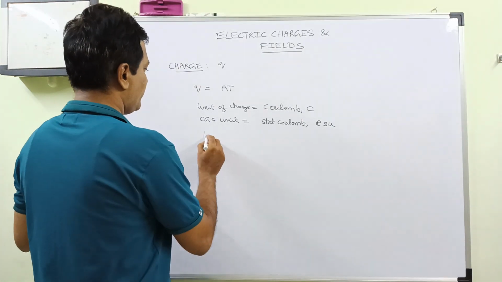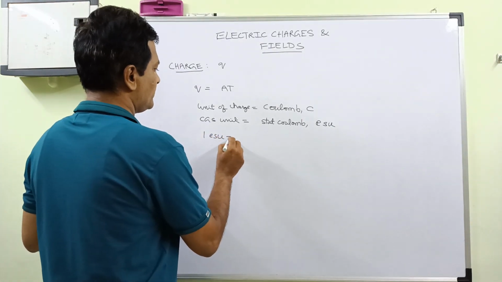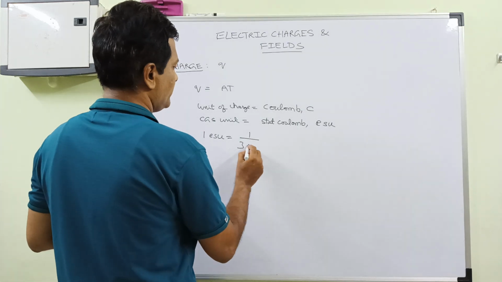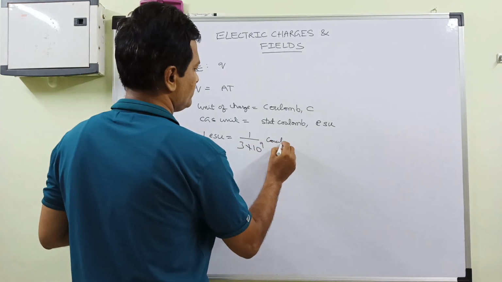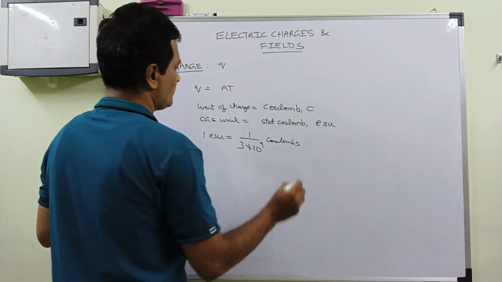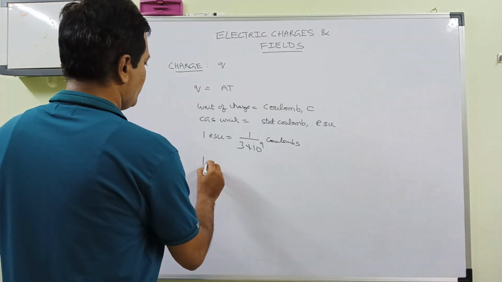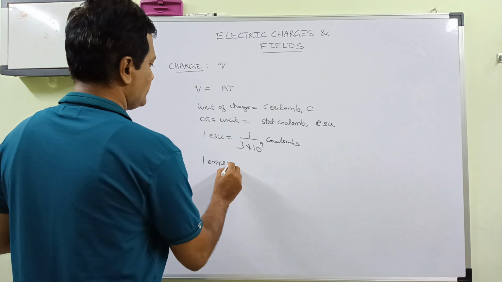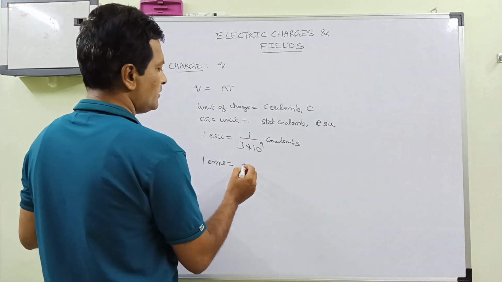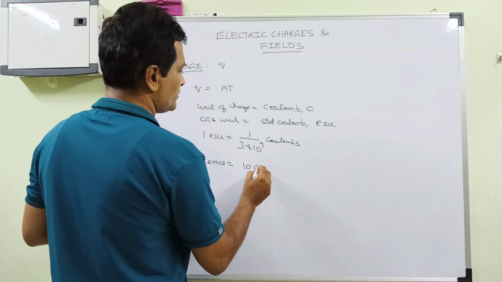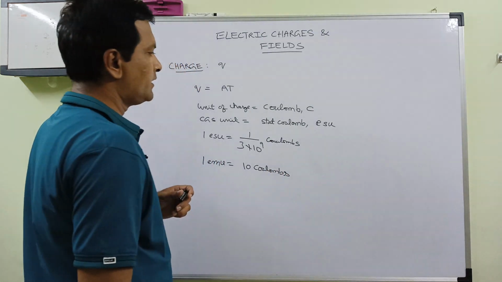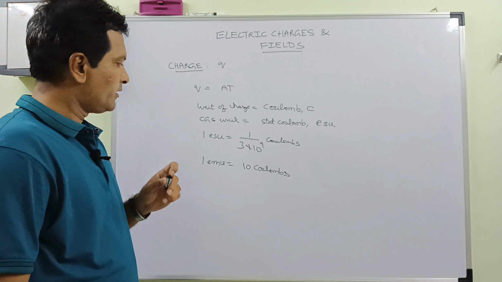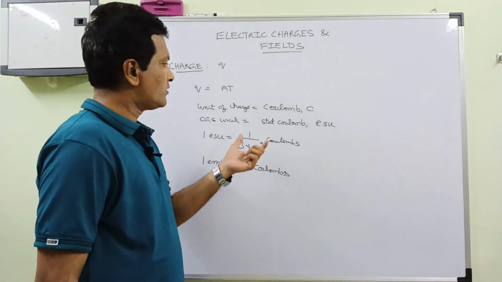One electrostatic unit is equal to 1 by 3 into 10 to the power of 9 coulombs, and one electromagnetic unit is equal to 10 coulombs. These are the units of charge.